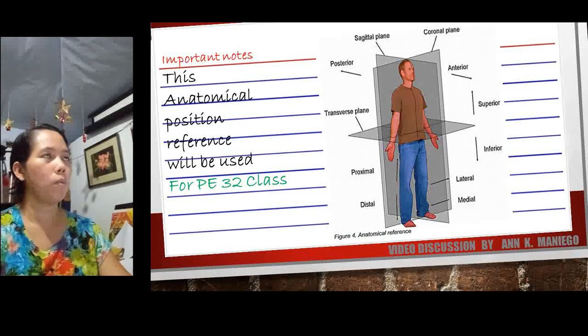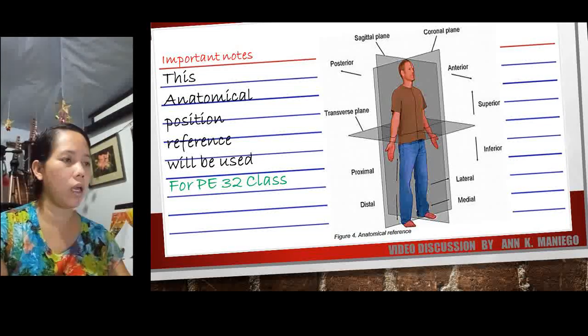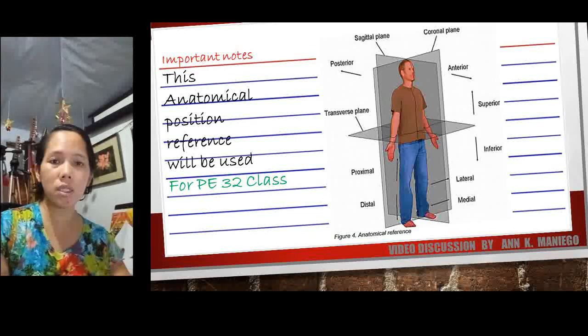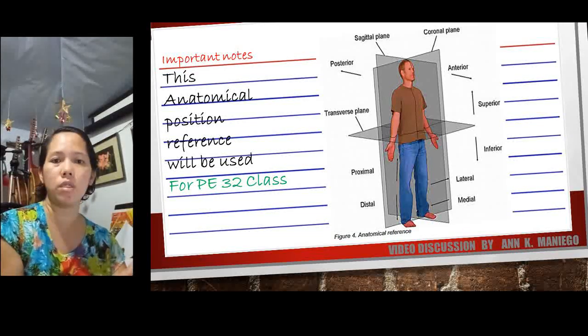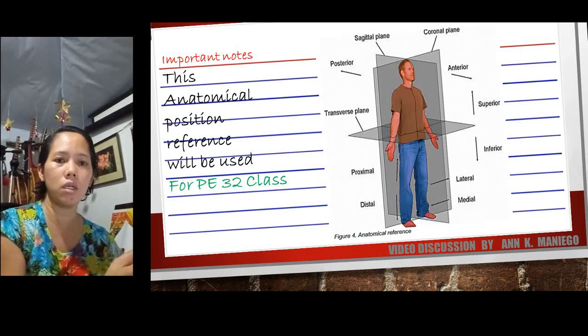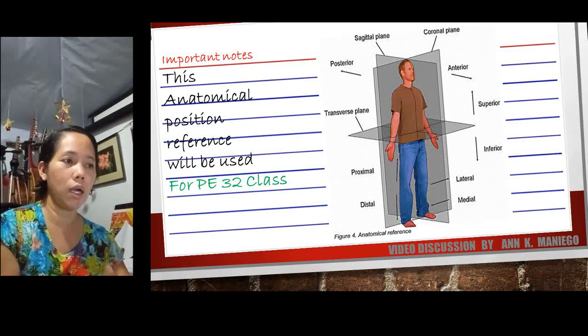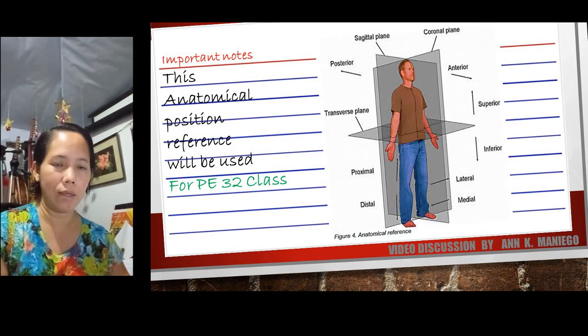Okay. So para lang na siya we have a common understanding, kay the more as we progress, the movements will be attached with terms that are posterior, anterior, superior, lateral. So if naglibog ka, you can go back to this anatomical position reference.